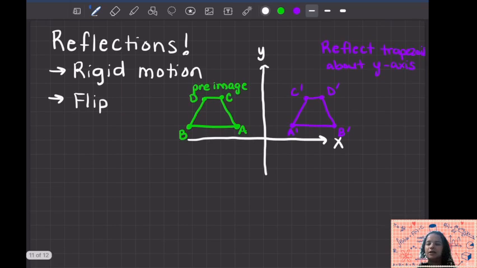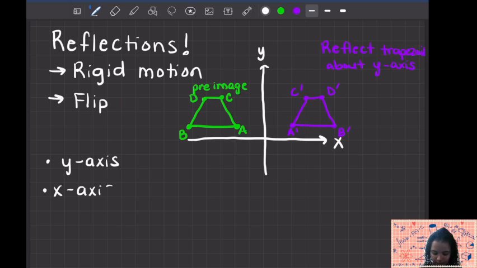There are different ways that you can reflect your figure. You can reflect it over the y-axis, you can reflect it over the x-axis, you can reflect it over the line y equals x. So we have the y-axis, the x-axis, y equals x, the origin. These are some basic points or lines that are usually chosen when we're doing reflections.